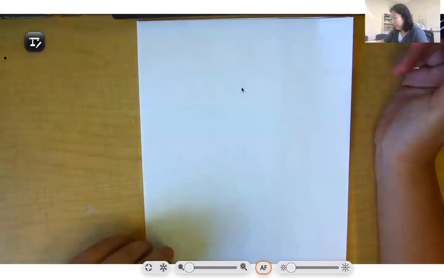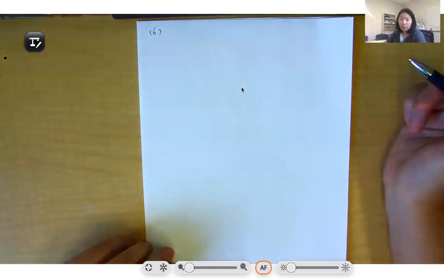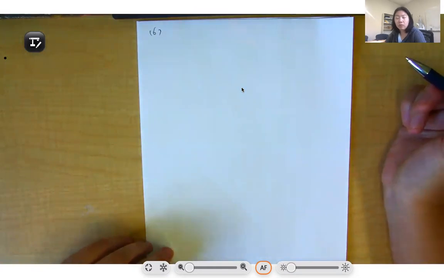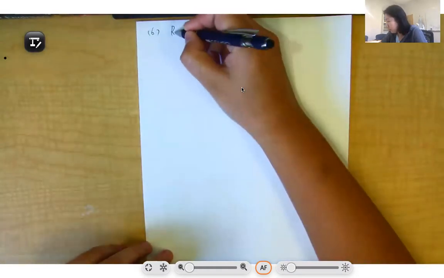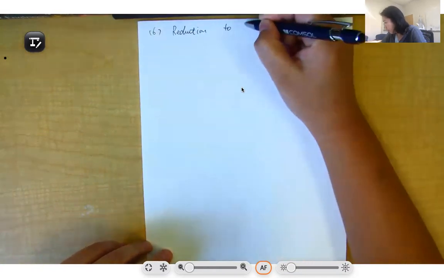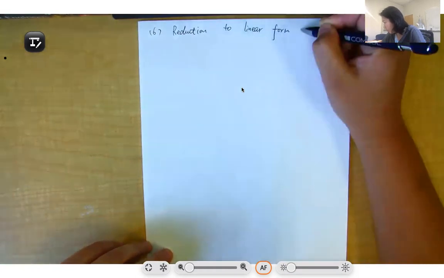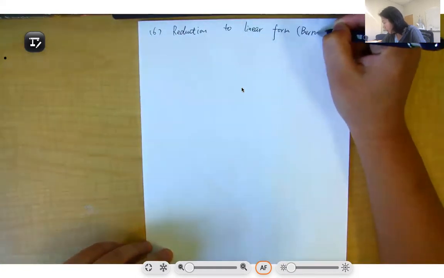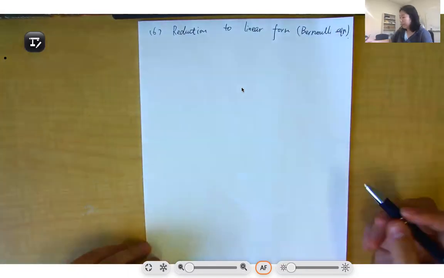Then let's see a classic example which can reduce the nonlinear ODE to be linear. That example is called the Bernoulli equation. So, reduction to linear form, with the Bernoulli equation as an example.